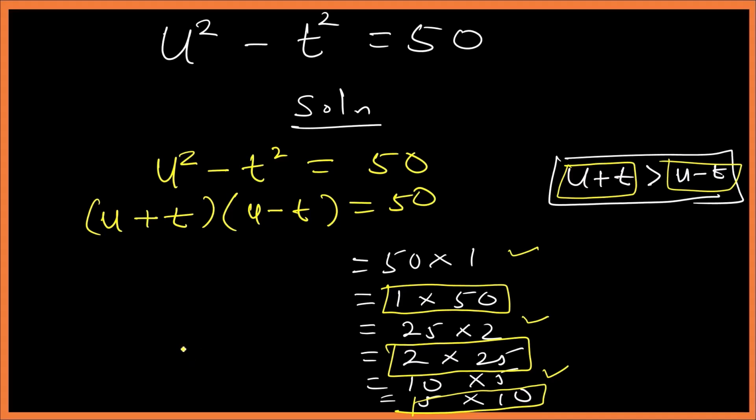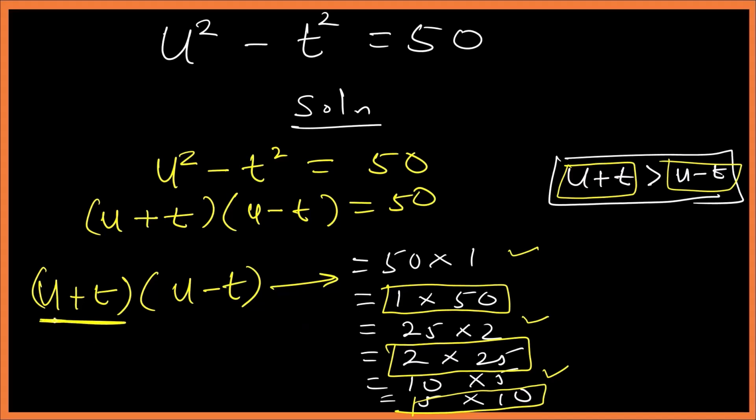(u plus t)(u minus t) equals 50 times 1. So we assume that u plus t equals 50 and u minus t equals 1.